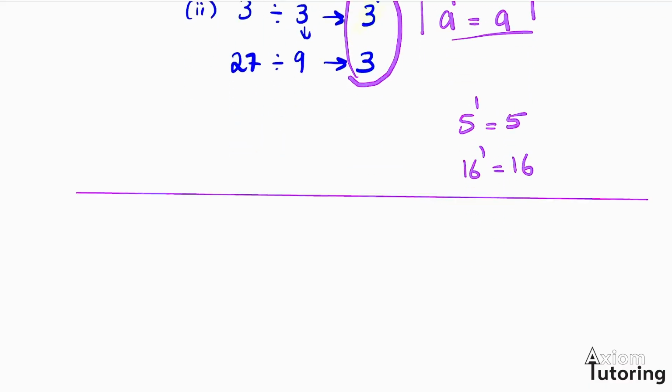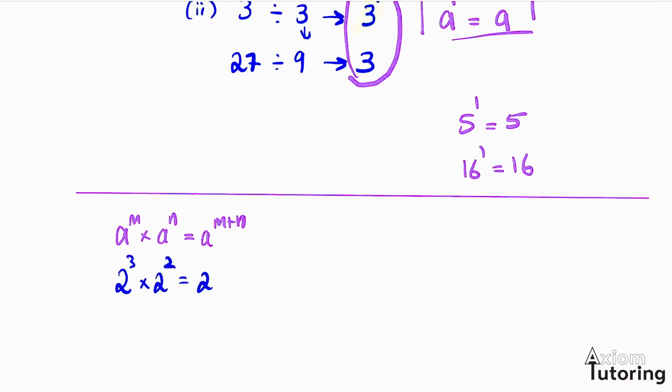So far, we know that A to the m times A to the n is A to the m plus n. Let's write down an example. 2 cubed times 2 squared is 2 to the 3 plus 2, which gives us 2 to the 5.